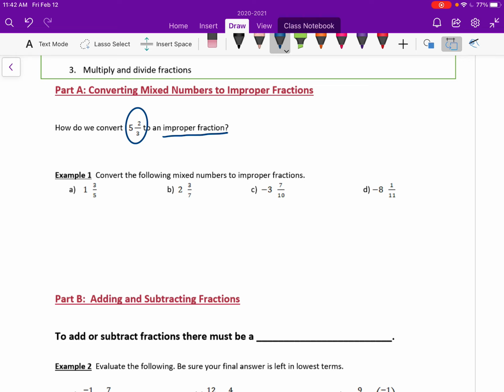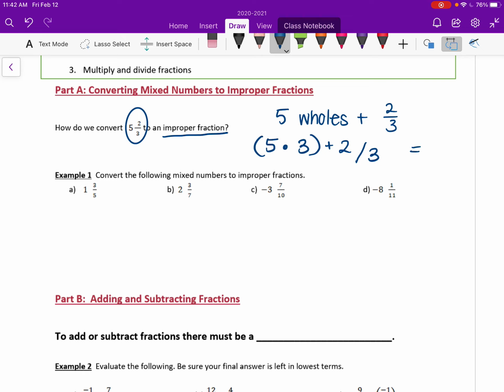So if you have something like 5 and 2 over 3, what this basically says is you have 5 wholes, plus 2 over 3 of something. So in order to find 5 wholes, you're just going to take 5 and multiply it by the number at the bottom, 3, and then you're going to add 2 and put that all over 3.